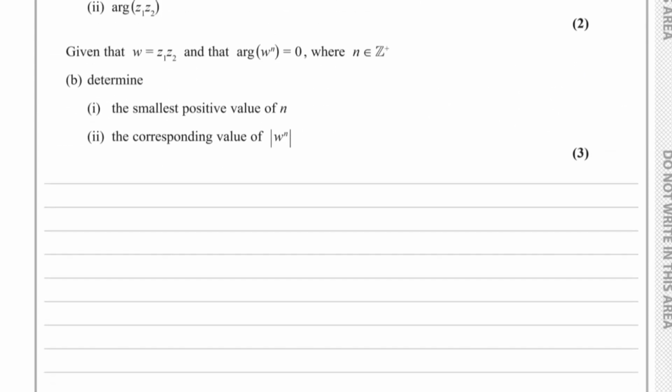And so, for part A, we begin with z1 equaling 3 times cos of pi over 3 plus i sine of pi over 3.